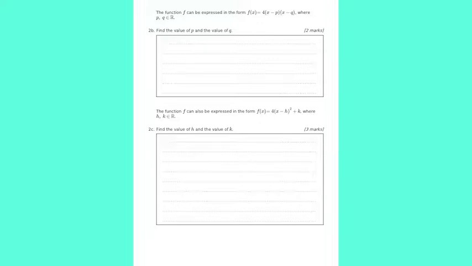The function f can be expressed in the form f of x equals 4(x minus p)(x minus q), where p and q are any real numbers. 2b. Find the value of p and q. Well, we know that f of x is equal to mx squared minus 2mx. We also know that m is equal to 4, so therefore f of x is equal to 4x squared minus 8x.